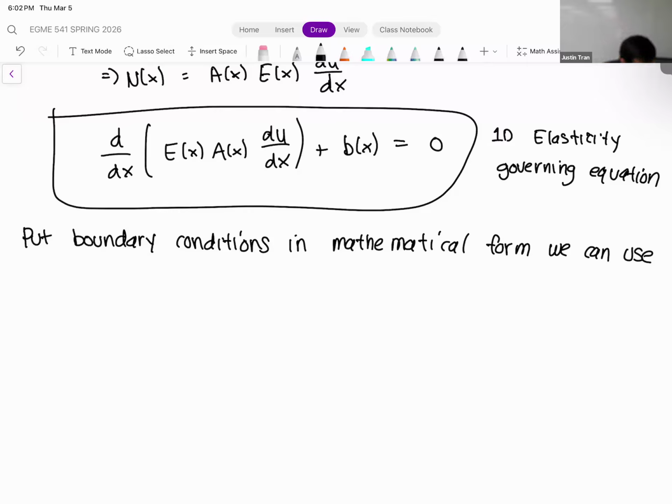So first one that we have here is we have the compressive force on the left-hand side. And in fact, actually, that compressive force is actually compressive stress.